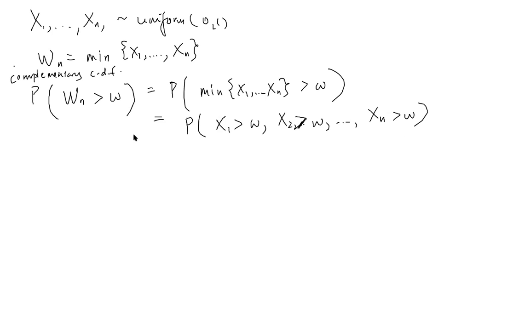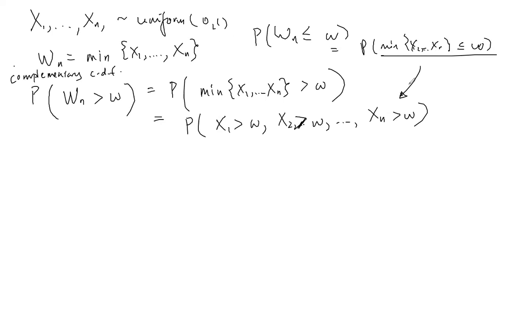So you have to be careful with the minimum, and you can't start with the CDF, because in this case you will end up with this thing, and you can't make any clear statement about this. If you say the minimum is at most W, then there's no joint statement that you can say like this. You think about it, right? If you say that the minimum is not exceeding certain score, then there are many possibilities.